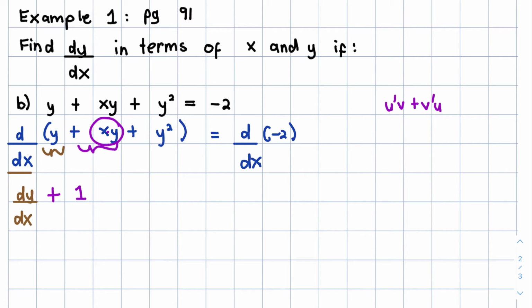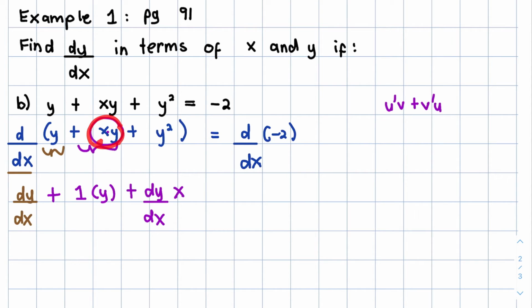Now v is y, so just multiply by y, plus the second term, v prime u. Differentiating y will give you simply dy over dx, multiplied by u, which is x.